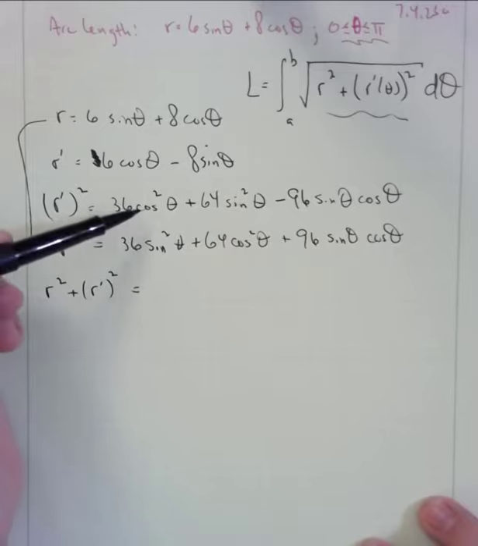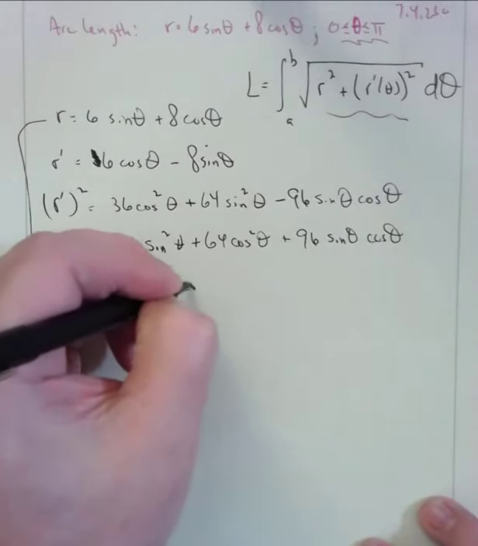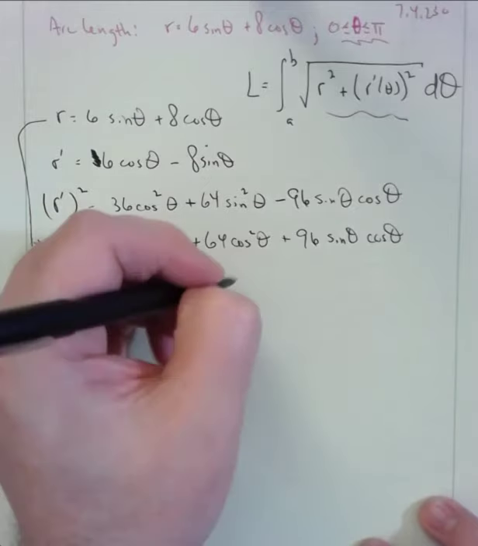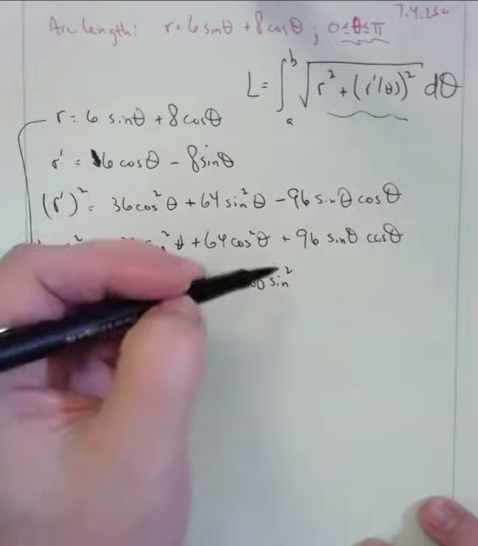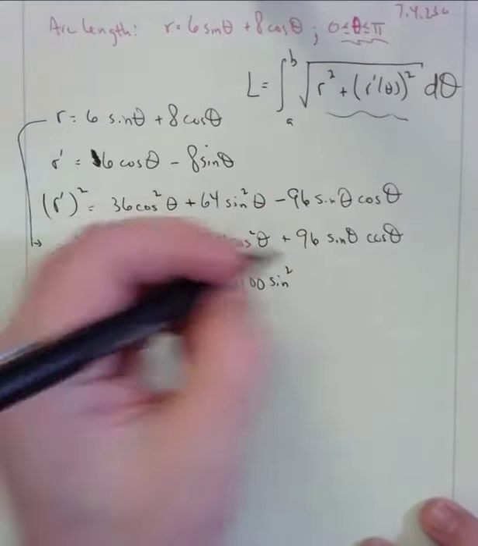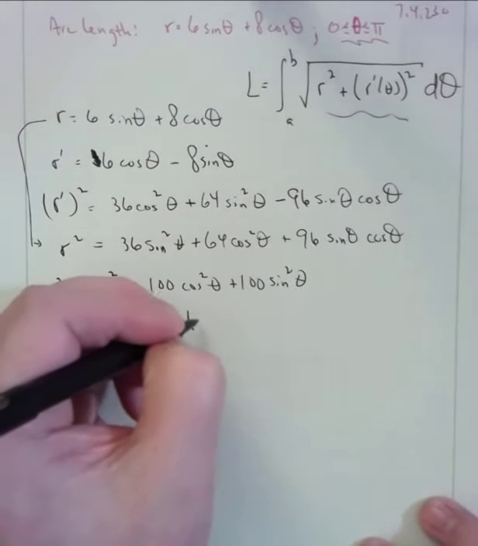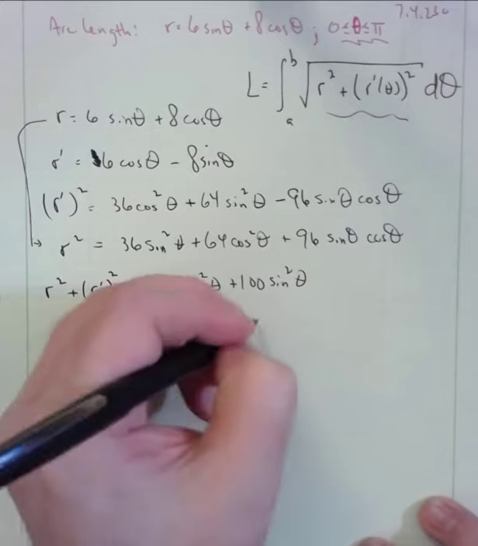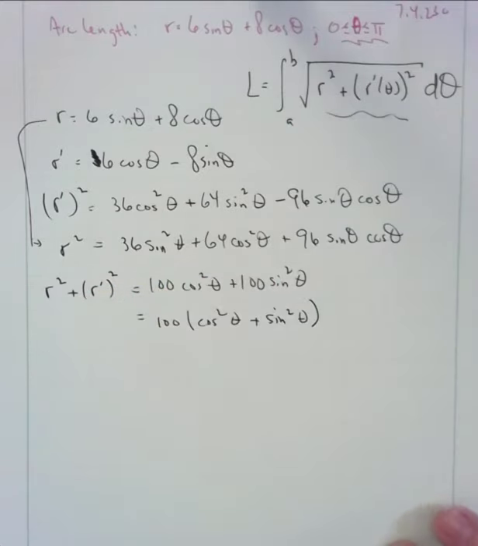And so this interior of the integral, which is r squared plus r prime squared, well, 36 cosine squared plus 64 cosine squared, that's 100 cosine squared altogether. Similarly, 100 sine squared, and the cross terms are gone. And even better, that's 100 times cosine squared theta plus sine squared theta. Now, don't panic and say, oh my gosh, I'm going to have to do a square root and start doing substitutions to get this integral done.